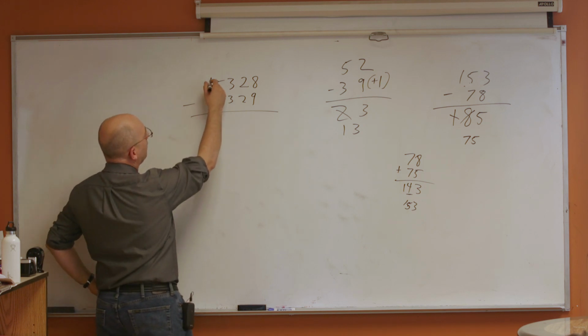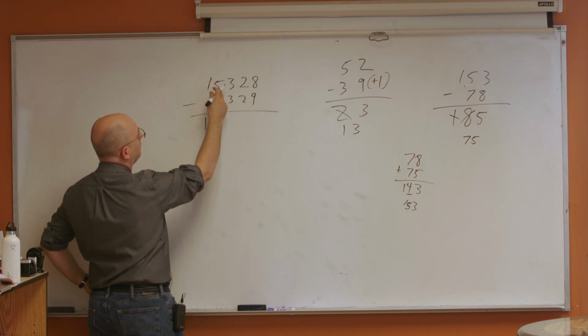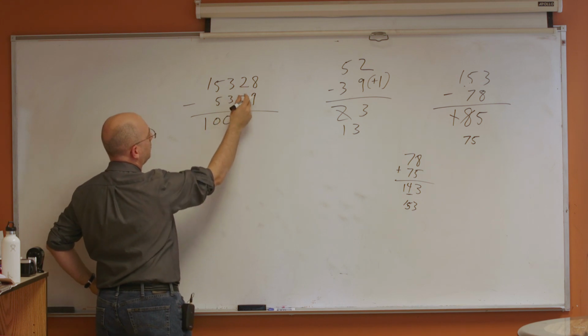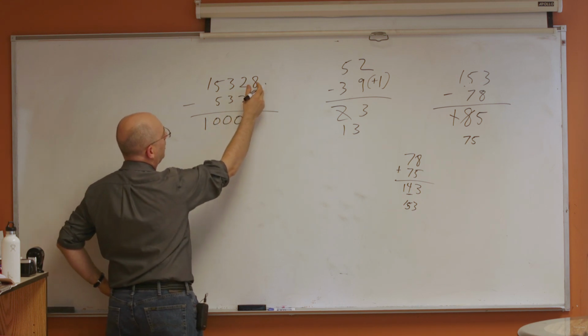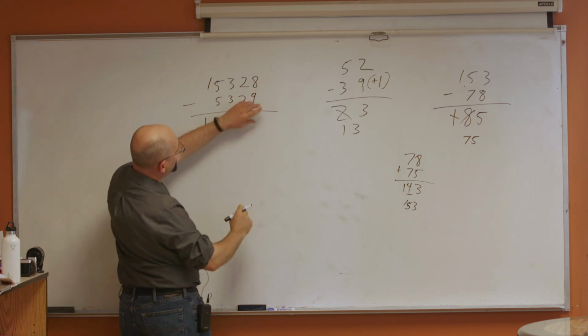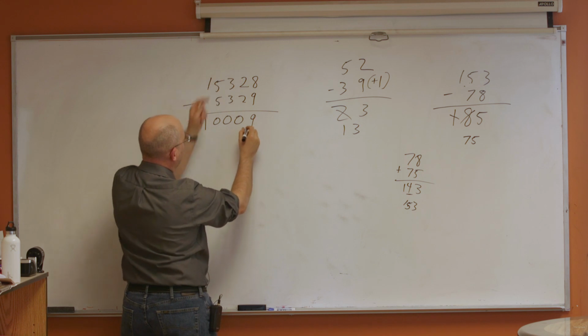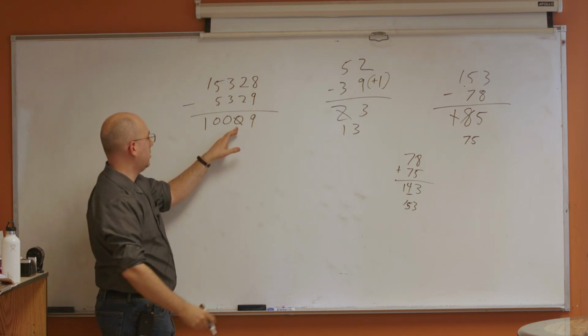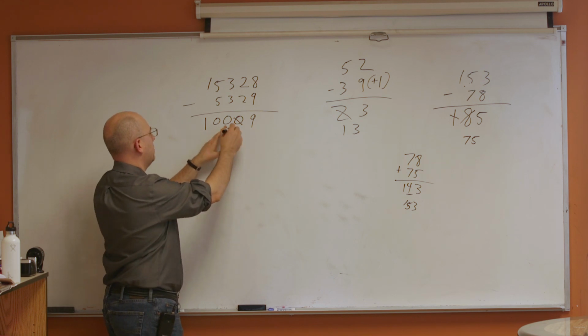Anyway, so drop the 1, 5 minus 5, that's 0. 3 minus 3, that's 0. 2 minus 2, that's 0. 8 minus the 9, the 9 becomes a 1. You add it, 9, and you slash it. But now it's a 0. So that didn't actually carry over anything.